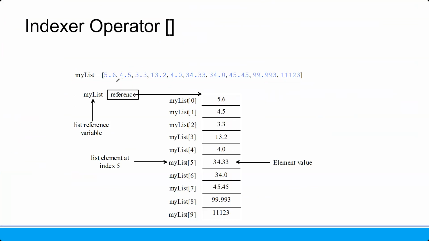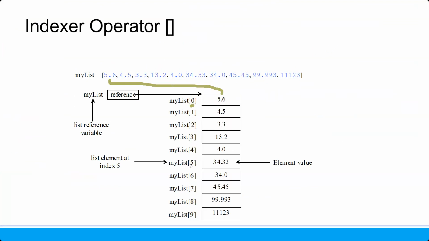So we know that every comma is the separator. And we have 1, 2, 3, 4, 5, 6, 7, 8, 9, 10. We have 10 data items and the index will start from 0, from 0 until 9. Then if we call my list index 0, it will be the first data.